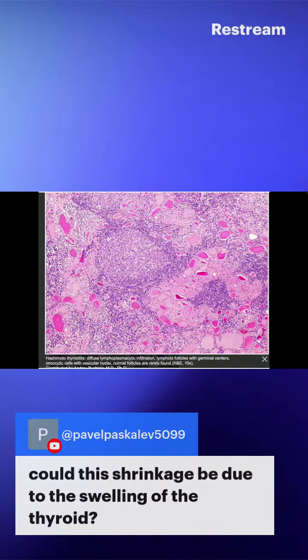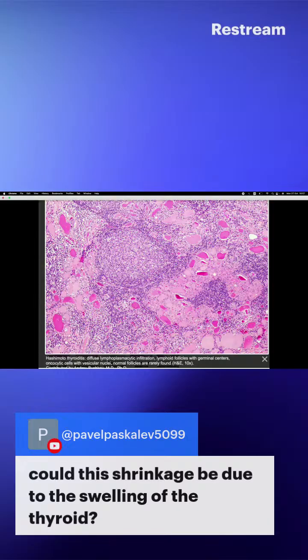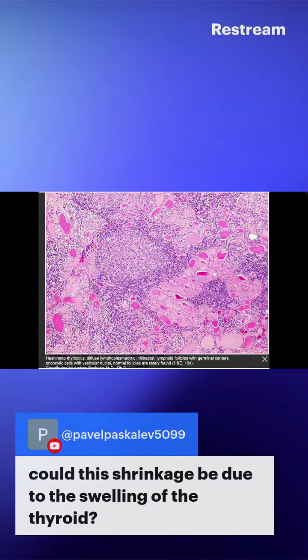We said that one of the features is Hurthle cell change. You can see in this picture a beautiful lymphoid follicle, and here is the germinal center, which is the pale area of the lymphoid follicle.